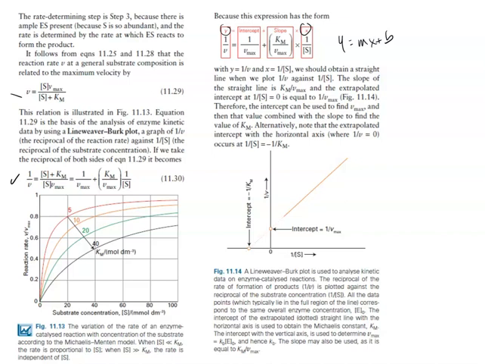So this is displayed on figure 11.14, where a Lineweaver-Burk plot is used to analyze kinetic data, and you can see from the reciprocal of substrate on the x-axis and the reciprocal of the rate of reaction on the y-axis, we have an intercept, which will give us 1 over Km, and an intercept, which gives us 1 over Vmax. Or alternatively, you can get 1 over Vmax from the y-intercept and then substitute it into the slope and get Km that way as well.